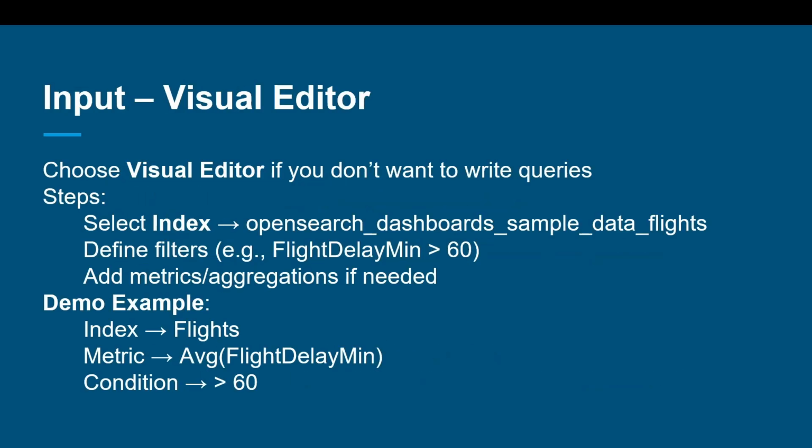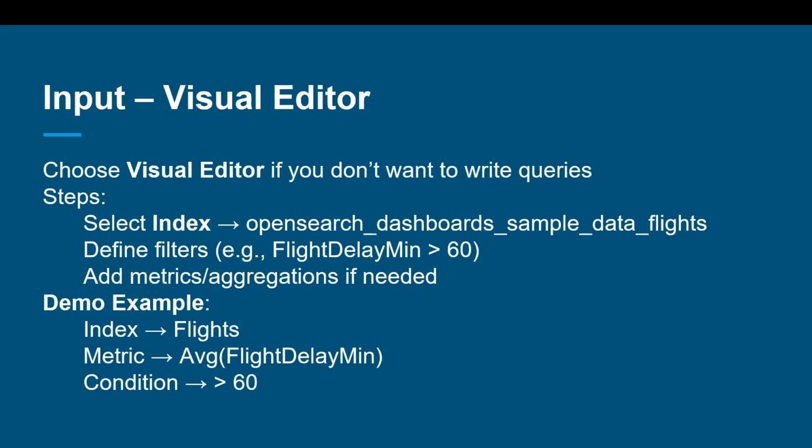Next, as I mentioned, there are two defined ways you can write the query. One is the visual editor, wherein if you don't want to write queries, you can use this method. You simply select the index, define the filters, and then do the aggregations depending on your condition.